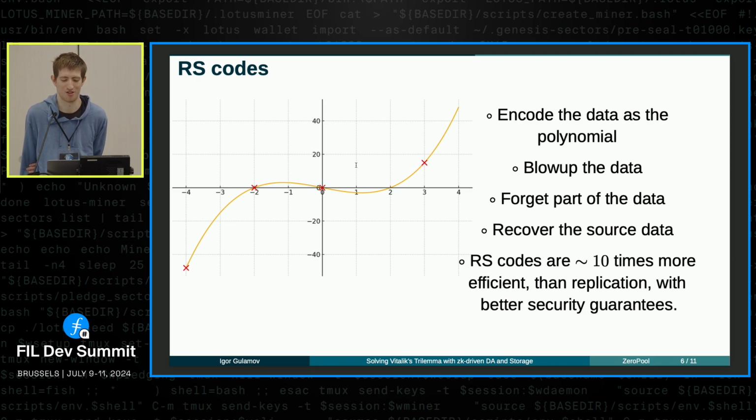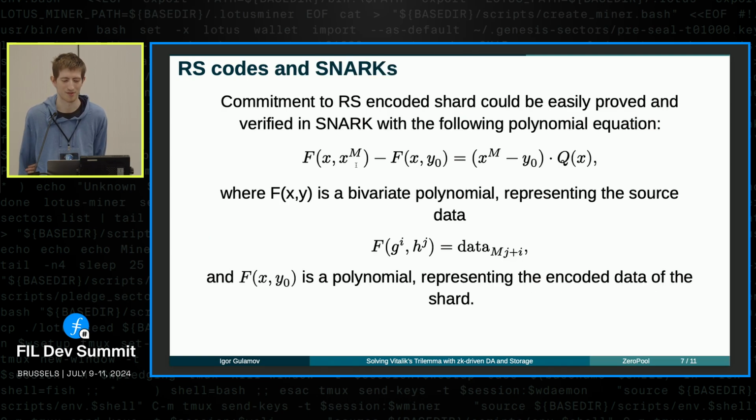This approach is much more efficient than just copying the data of the points a lot of times and hoping that each of these points is stored somewhere at least once. The issue with Reed-Solomon codes is that we should prove that each shard is a valid part of the whole commitment of the data.